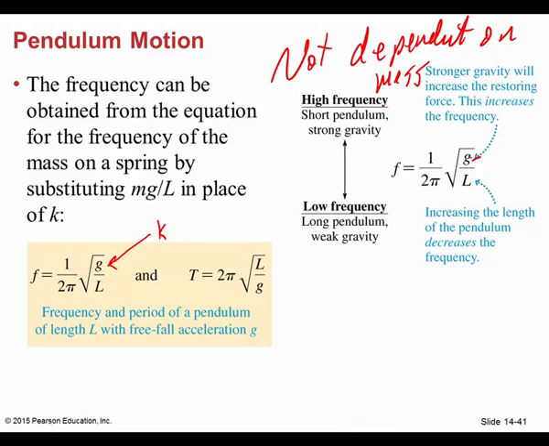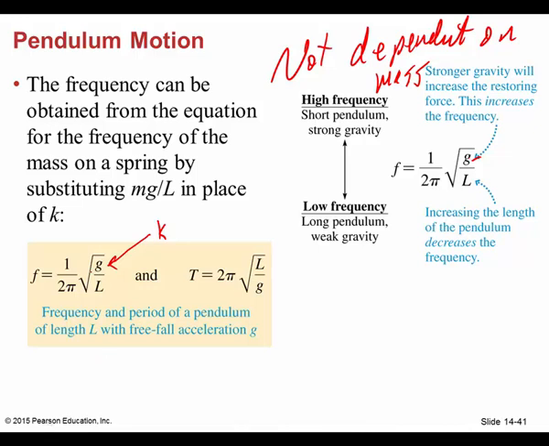Well, why? Because of gravity, okay? All right, gravity acts the same on any object, no matter if it's 100 grams or 1,000,000 grams. Gravity acts the same on both objects, okay? Remember, Galileo proved that. All right.